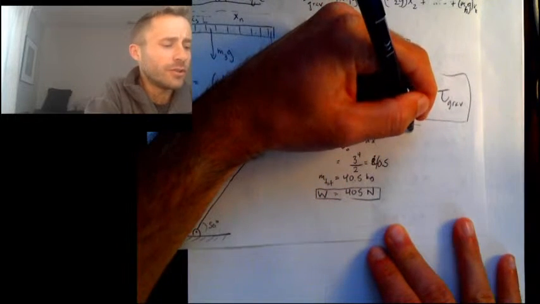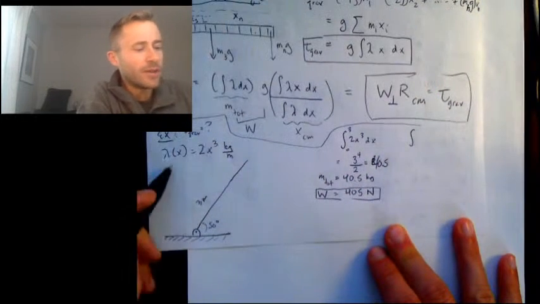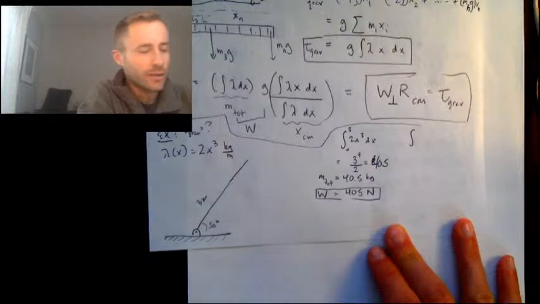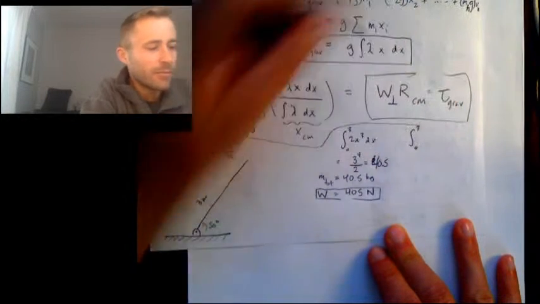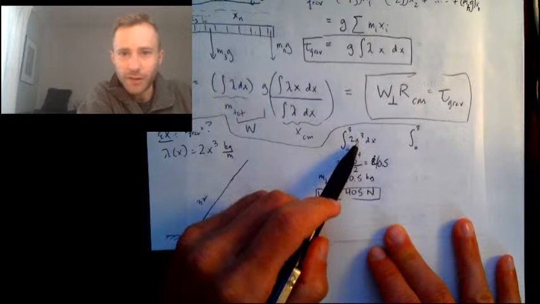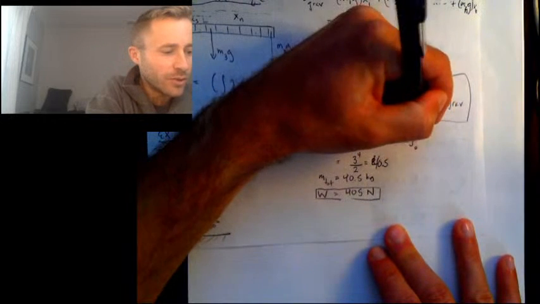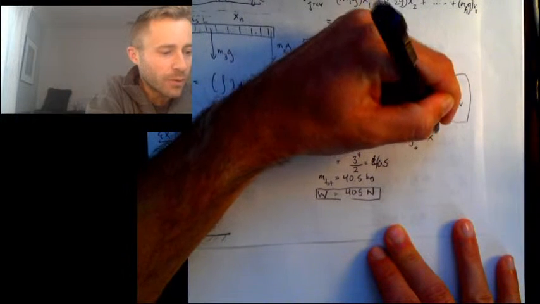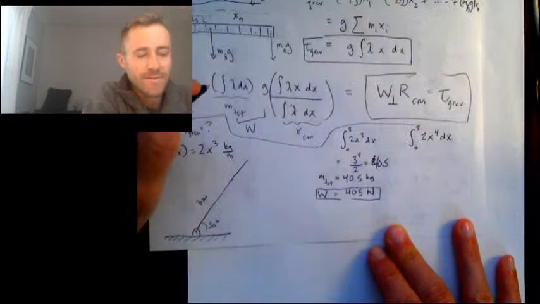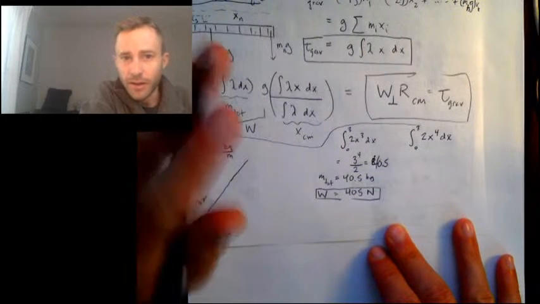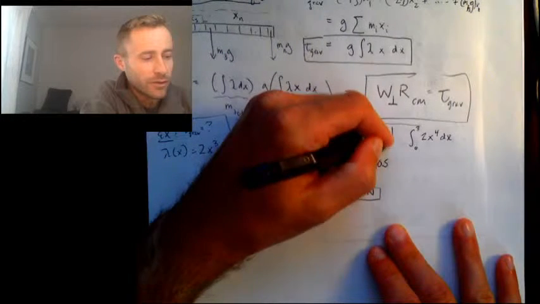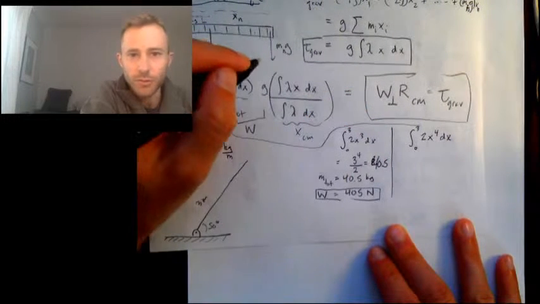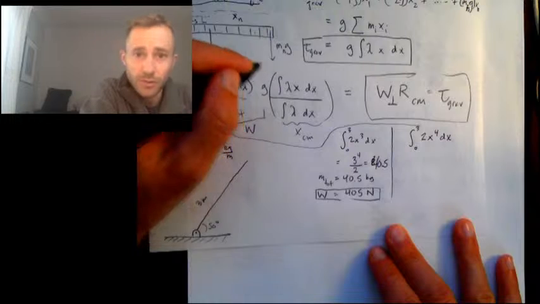Now I need to do the integral of lambda times x dx. It's the integral from 0 to 3. Because I'm multiplying by another factor of x, it's 2x to the 4th dx. Again, I'm not going to show the math on the integral. You can use a calculator, Desmos, Wolfram Alpha, or do it by hand.